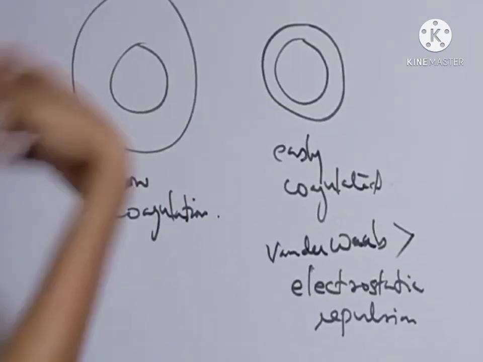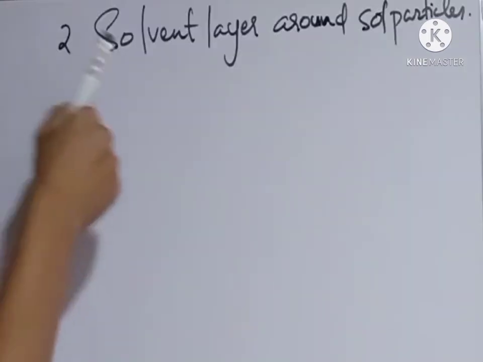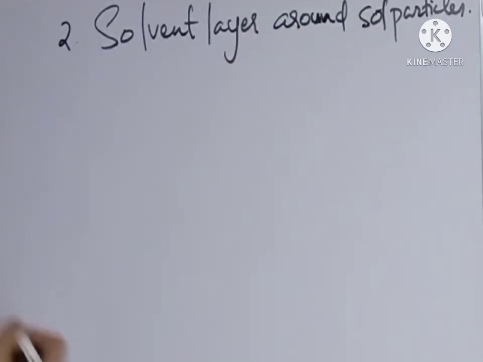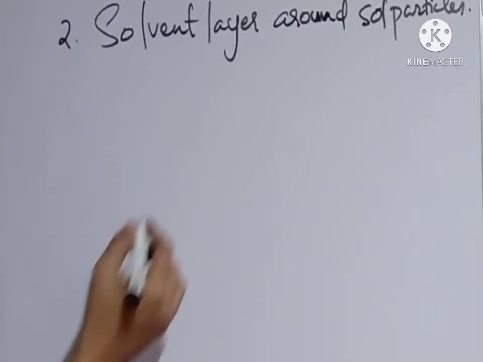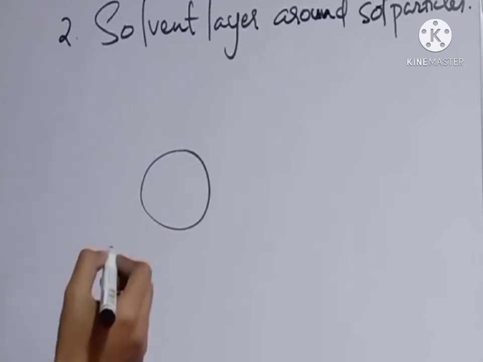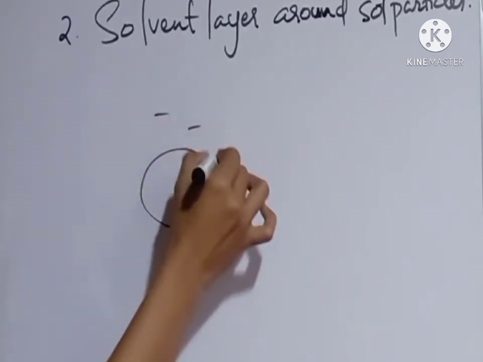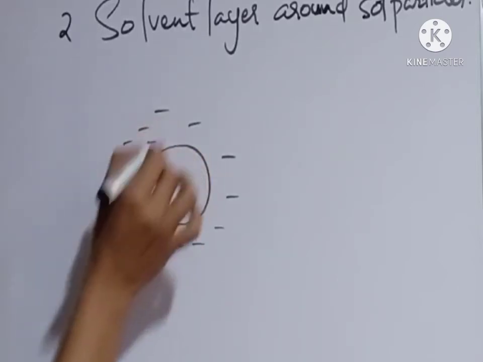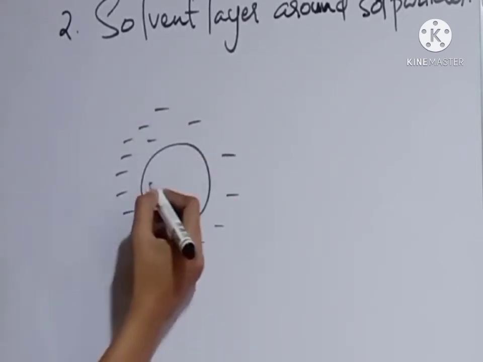Then moving to the second factor, that is, the presence of a solvent layer around the colloidal particles. Here, in addition to the charge of the particles, a solvent layer is present on the surface of the colloidal particle.